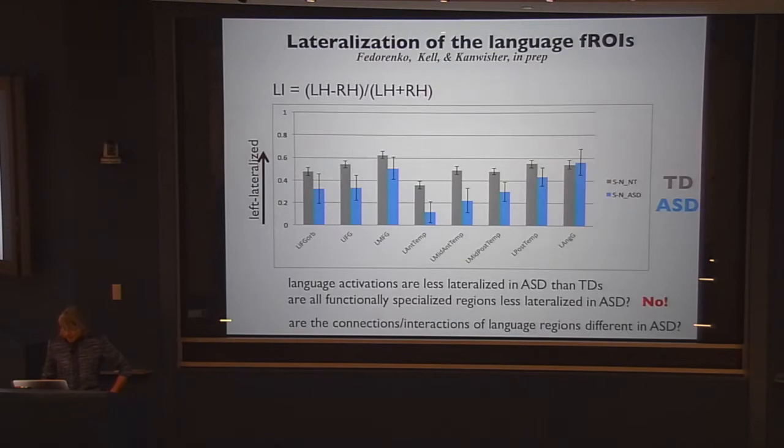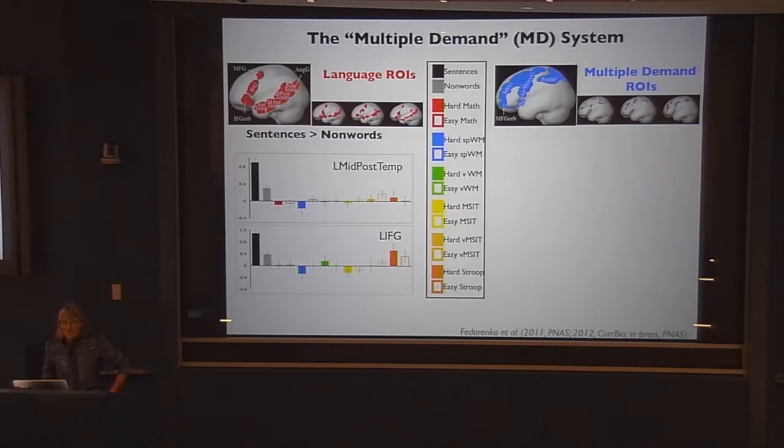In fact, there's a whole other set of regions that have been called the multiple demand system by John Duncan and other people. What he means by that is this other set of regions, those white ones I showed you on my brain. They're the ones that engage apparently when you do anything difficult at all. They don't care if you're doing that difficult thing on a sentence or a face or an equation or what it is. These regions get engaged.